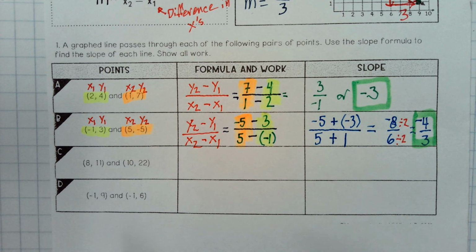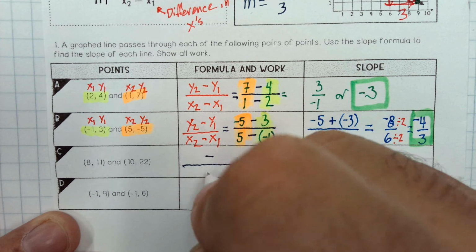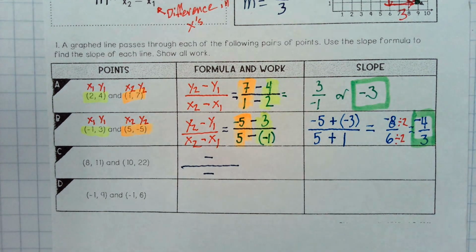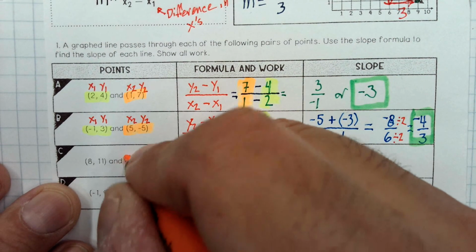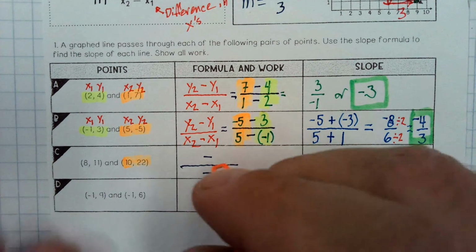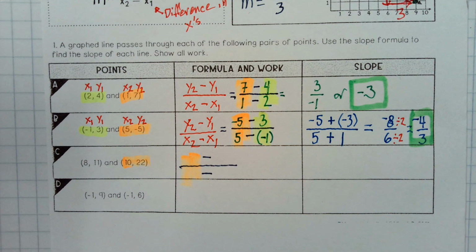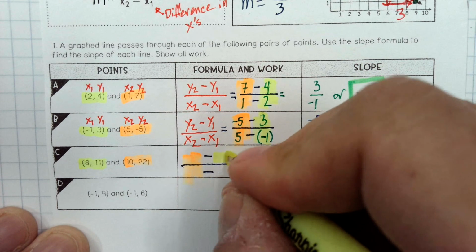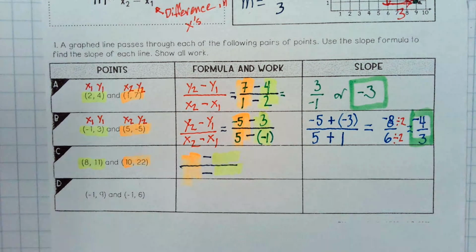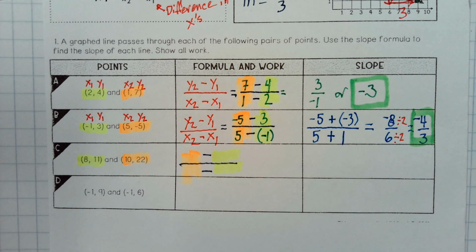So let's do this. I'm going to leave this way. We can color code it if you want. But I want you to put the numbers in the right position. Go ahead and try. I'll leave the rest up to you.